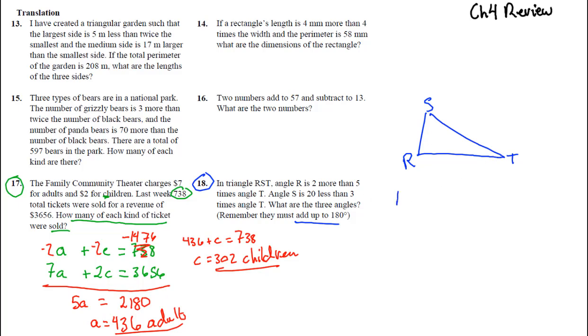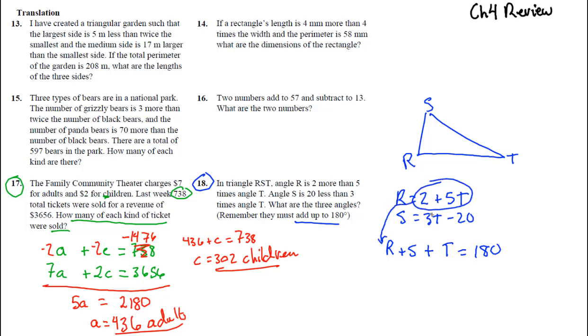So it says R is 2 more than 5 times T. And it says S is 20 less than 3 times T. And we know that R plus S plus T equals 180. So notice where we have the equation, that R is right there. We'll go right there. Good.